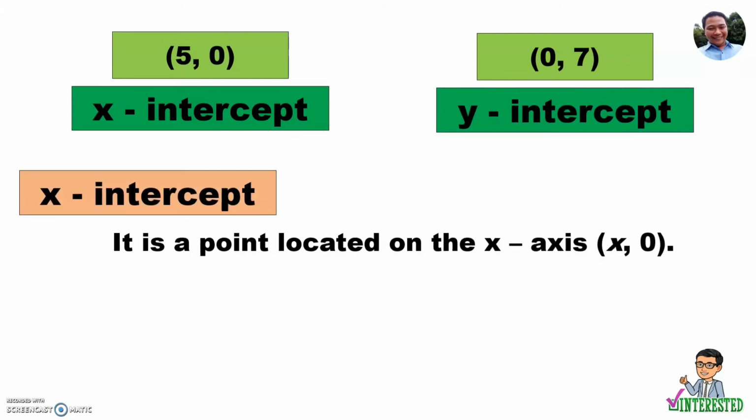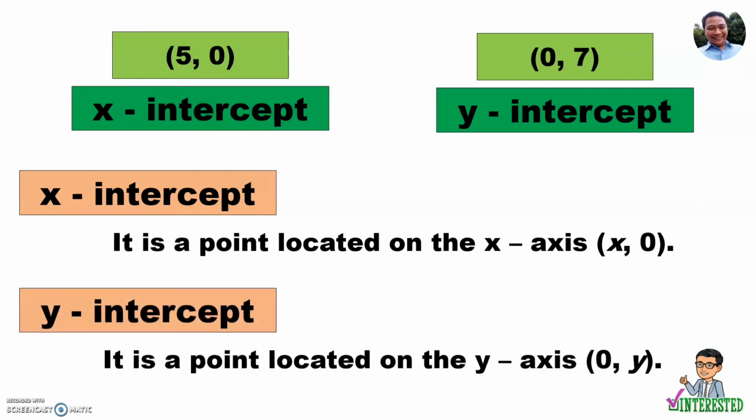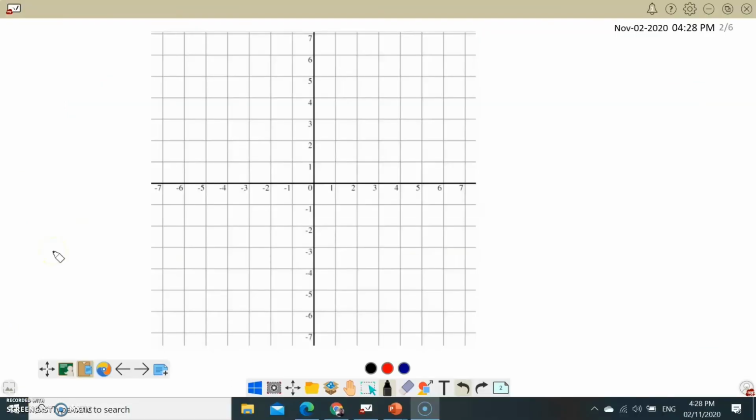When we say x-intercept, it is a point located on the x-axis, while y-intercept is a point located on the y-axis. The question now is, how are we going to plot points on the Cartesian plane or on the rectangular coordinate system?